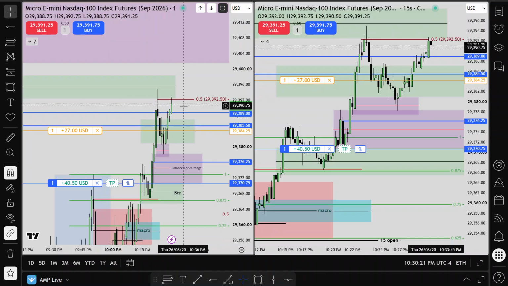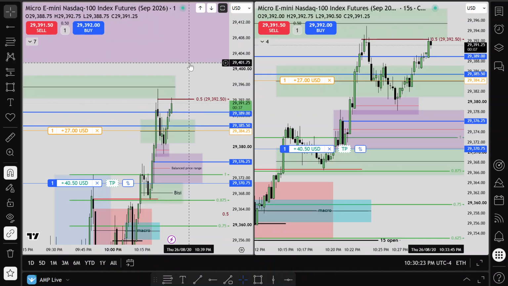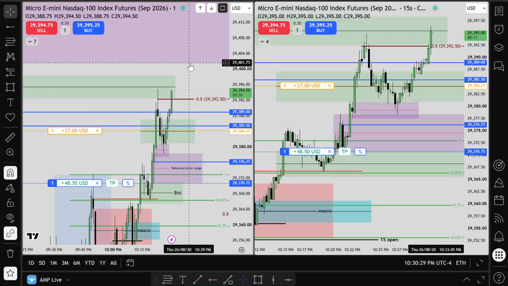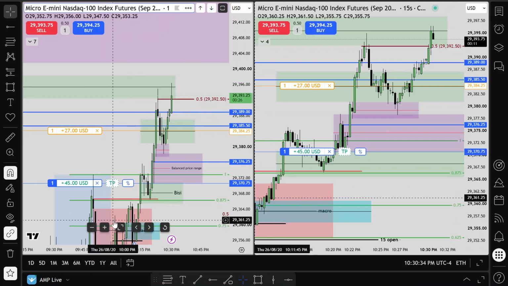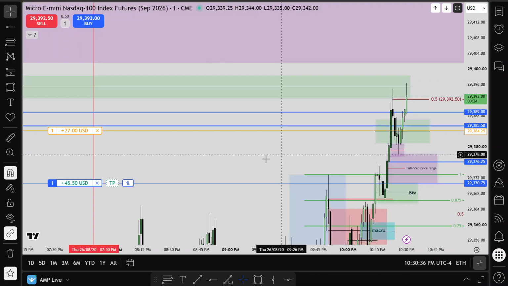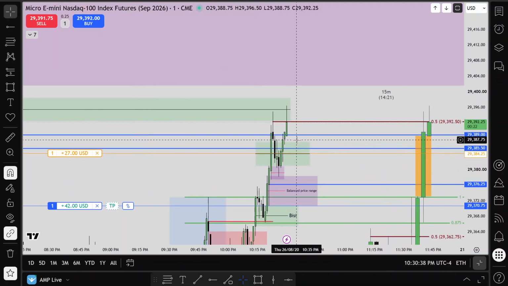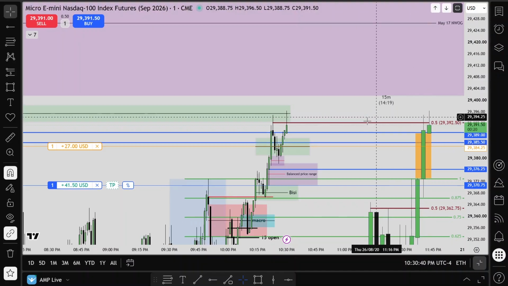Let's get above that. Just run us up to there, Virginia. Come on, Virginia. Just run us to there. That's all we ask for. It's not hard.